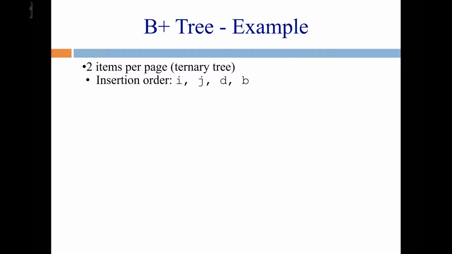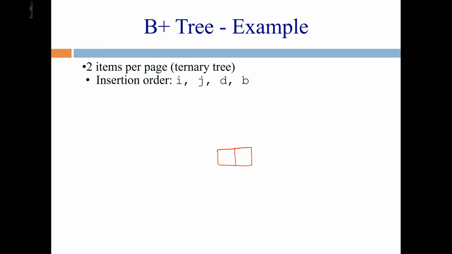So we start with just an empty page, and remember a page is a node in this case. So we said that a page can hold 2 keys. The reason we know that is because it's a ternary tree, and we have 3 branches, and there are keys in between all the branches. So that means we'll have 2 keys per node. So we have our page with enough room for 2 things.